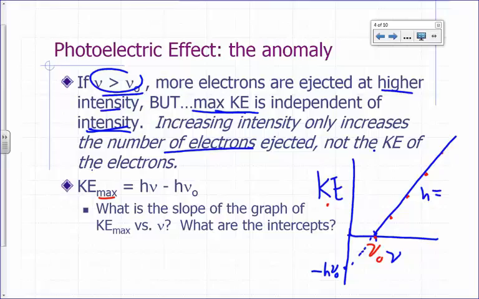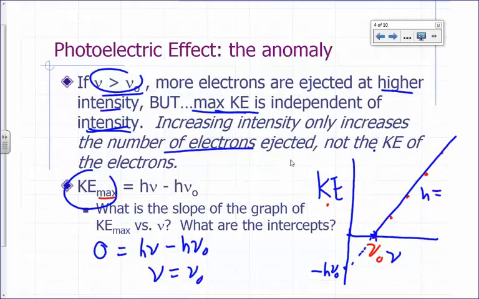What happens when KE max is 0? When 0 is equal to h nu minus h nu naught, then nu is equal to nu naught, right? So your x-intercept right here, at nu naught, kinetic energy max is 0. Below that, this section right here is not observable, because this is the minimum frequency right there that you need to get electrons off your metal.